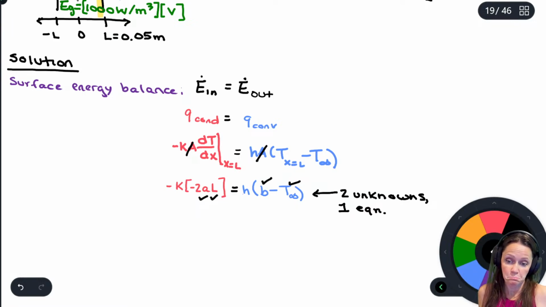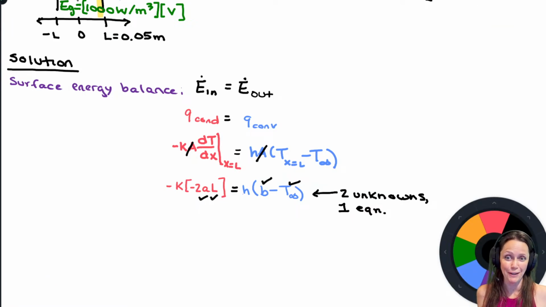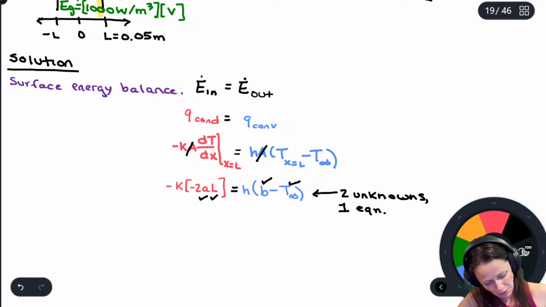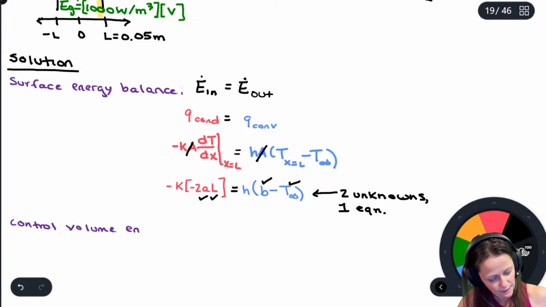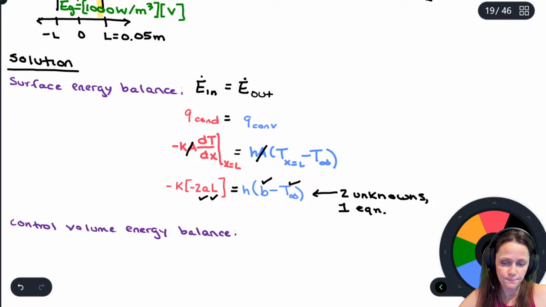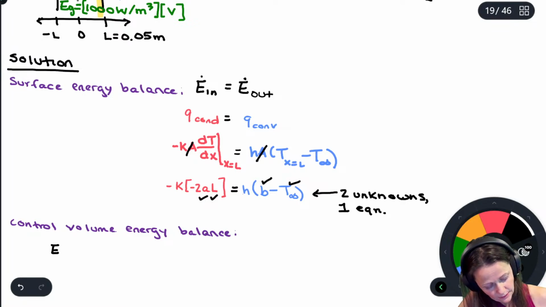All right, so we did a surface energy balance. Let's do a control volume energy balance and see what that gets us. For our control volume energy balance, now I do have to take into consideration these two guys.